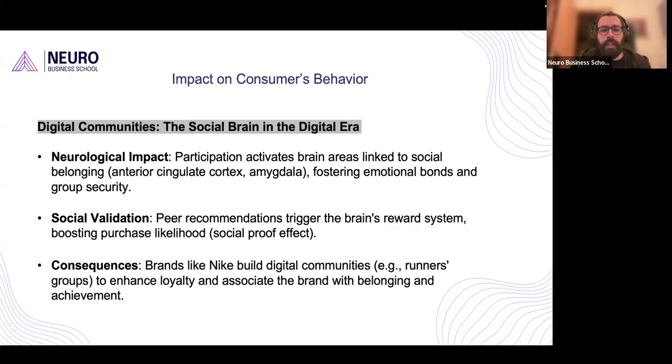Okay. Neurological impact of this: participation in digital communities activates brain areas linked to social belonging, the anterior cingulate cortex and amygdala mainly, fostering emotional bonds and group security. Social validation. Well, peer recommendations trigger the brain reward system, boosting purchase likelihood. Social proof effect. What is the social proof effect?